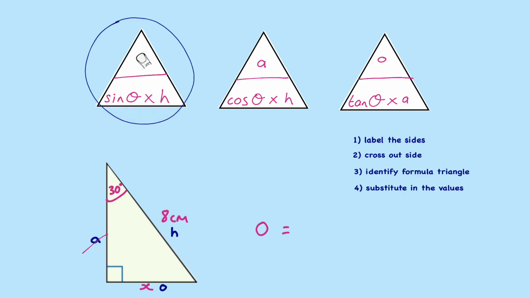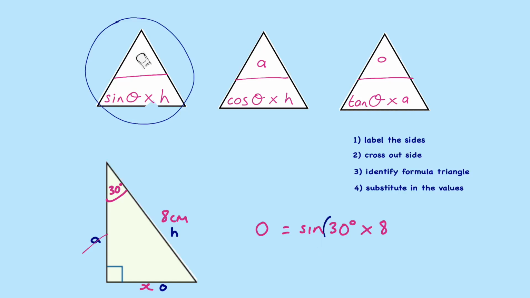So sine theta, the angle theta, is 30 degrees. And h is 8 centimeters. And from here, you simply type sin 30 multiplied by 8 into your calculator. Now whenever you press the sin button before you type in 30, you may see a bracket open up.